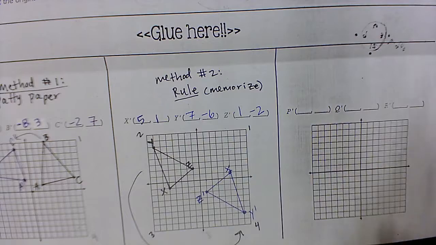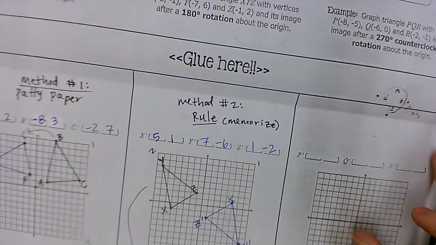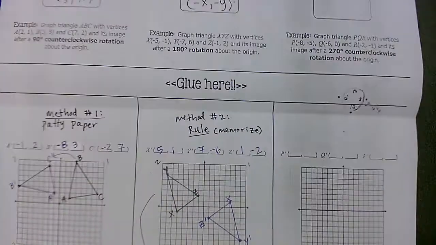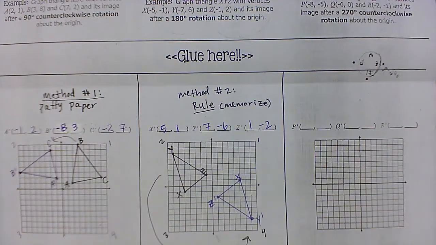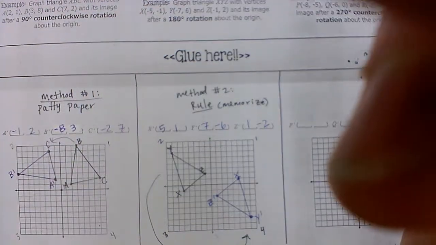Okay, and then our last method on this paper, I'm actually going to do another method that might not be perfect for the EOC for a computer-based test, but I'll show you another 2 methods that you can use on an EOC.